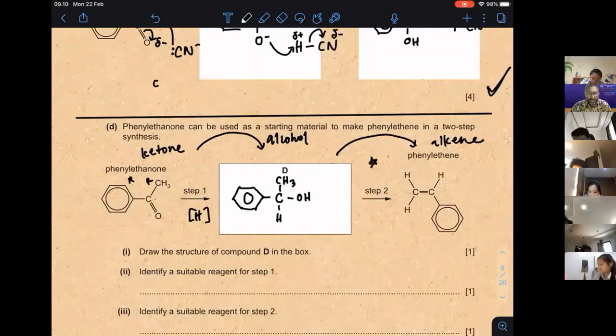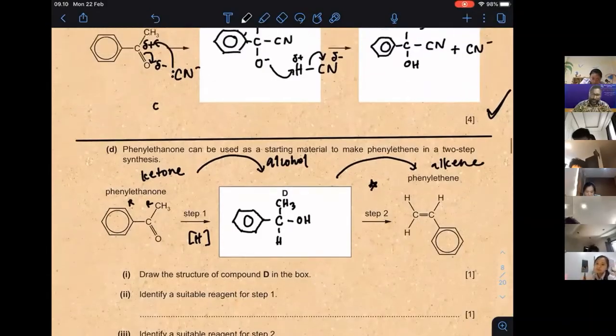Maybe if I have a halogenoalkane, then maybe I can do an elimination reaction. That's my thinking process. But I need to think about ketone. For ketone, there are only certain limited reactions. So you need to also remember that.